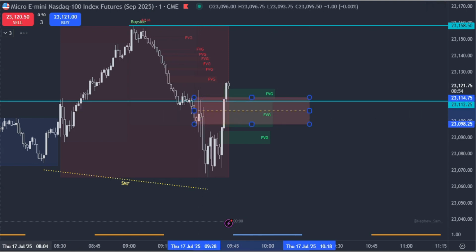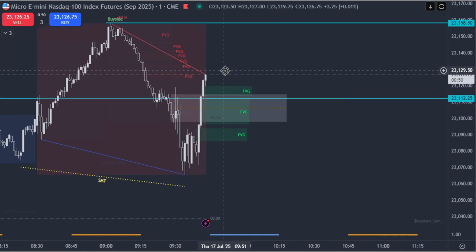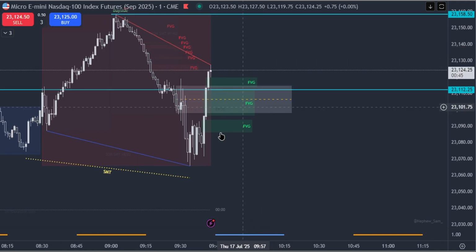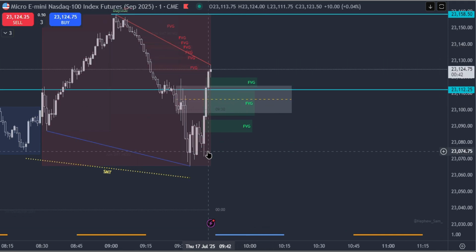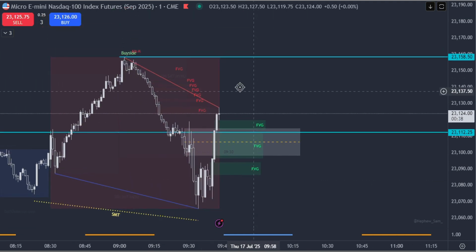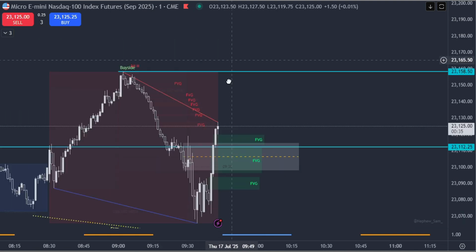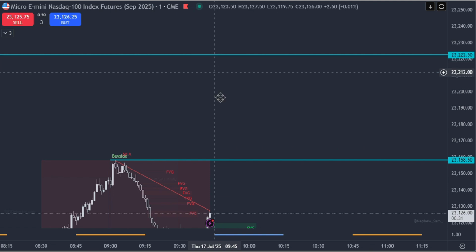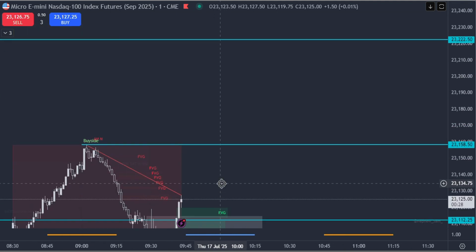Maybe if we retrace there, we can catch that long. So this is the low hanging fruit on the 1 hour, but ideally, this is Tuesday's high. I would like to hold runners all the way up here.